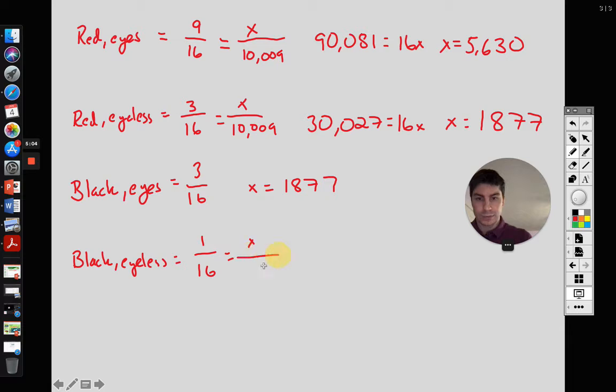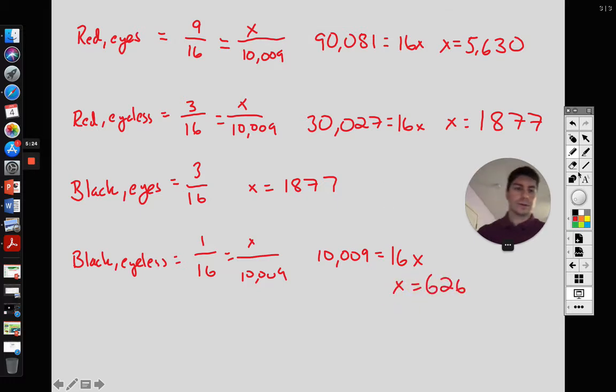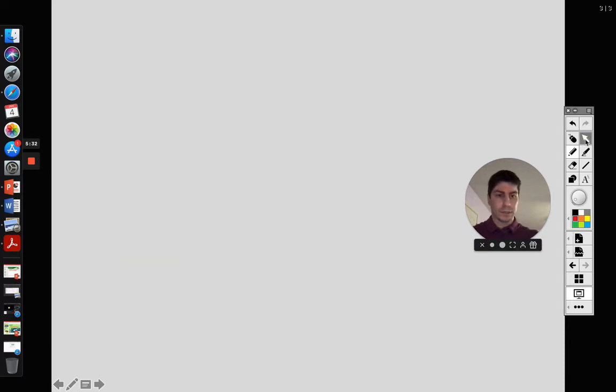And then the last one, we would just have 10,009 equals 16x, and we get about 626. Somewhere around there, depending on how you round, okay? So these are our expected values for everything, and you guys can see how I solved that. I set up a proportion there.